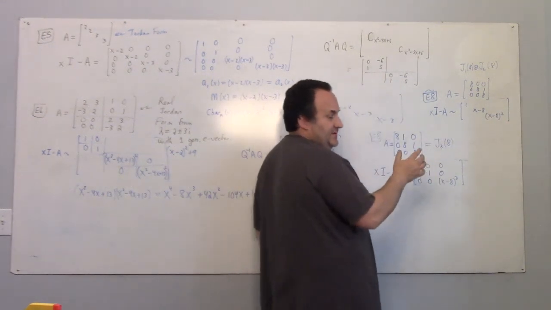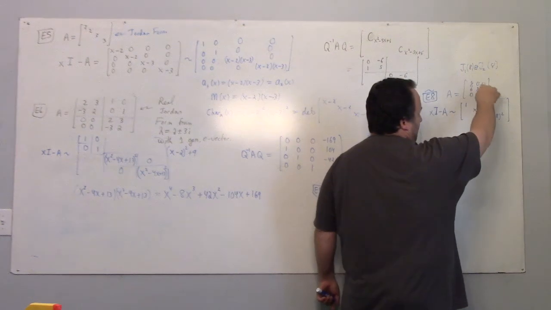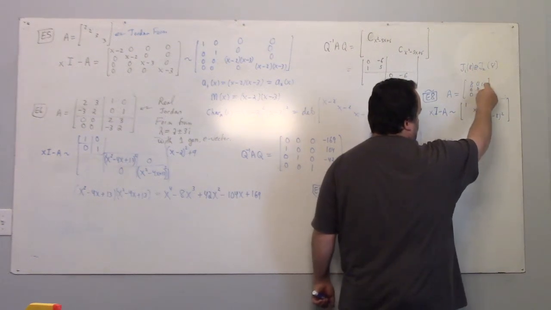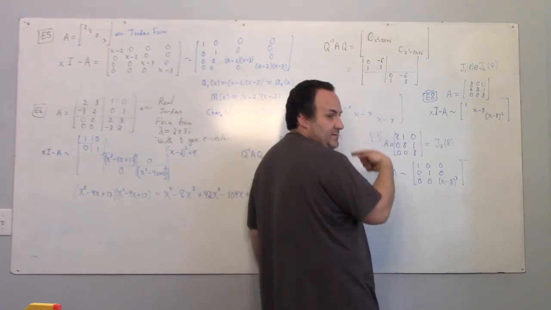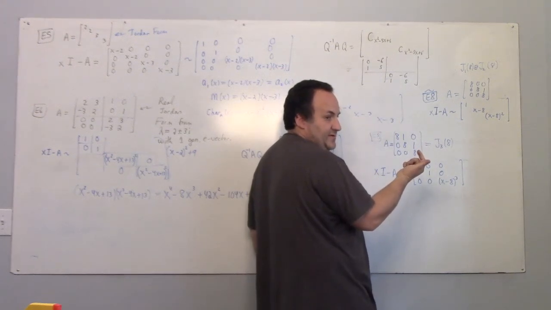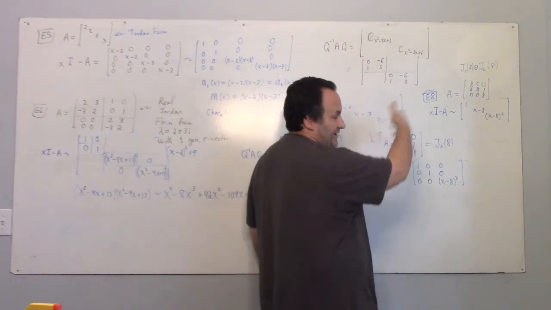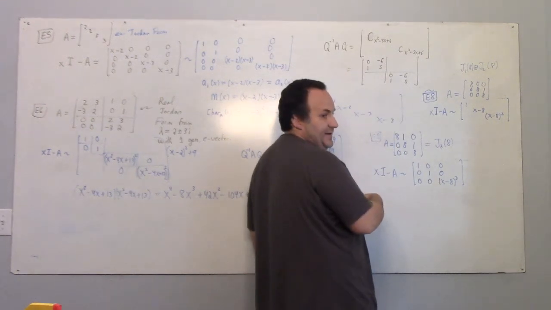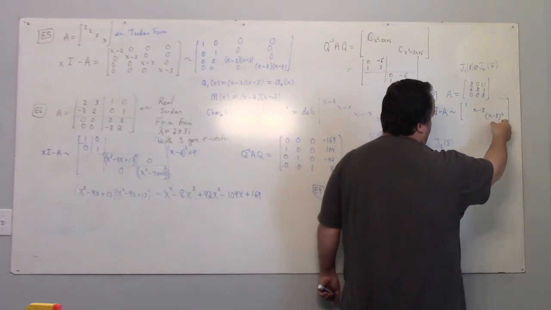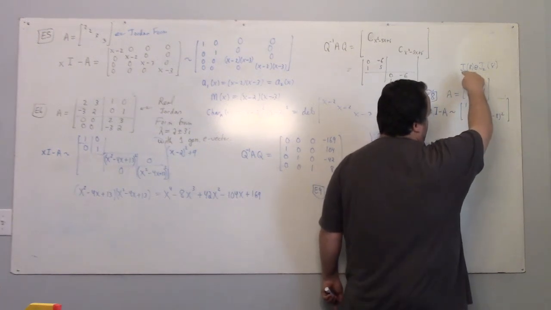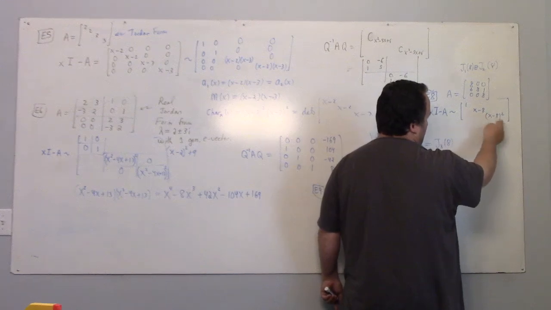It's fairly easy to see that. If you subtract 8 times identity, you just get the matrix with 0, 0, 0, 0, 0, 1, 0, 0, 0. That matrix, if you square it, you get the 0 matrix. So you only need the square to kill off A minus 8I. So this is the minimal polynomial. And then the characteristic polynomial is clearly x minus 8 quantity cubed, so that means that has to be what's there.